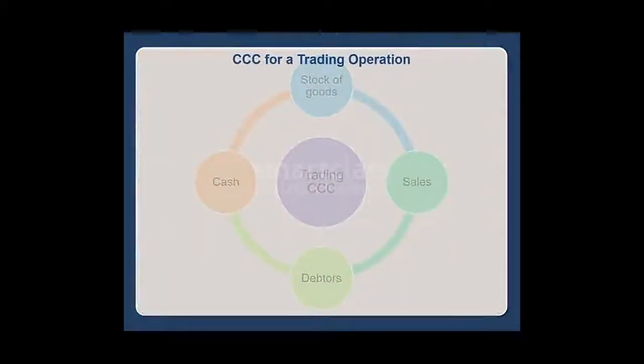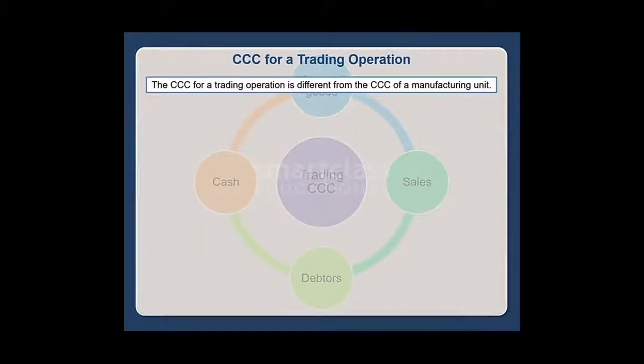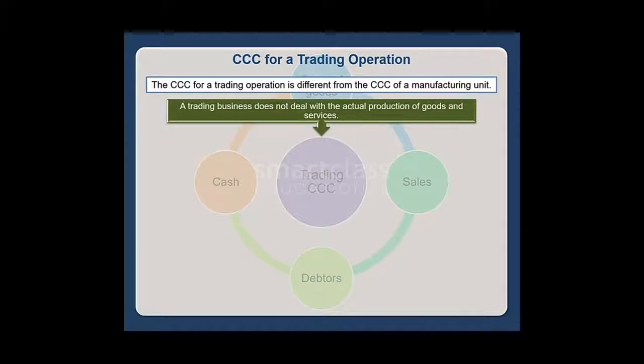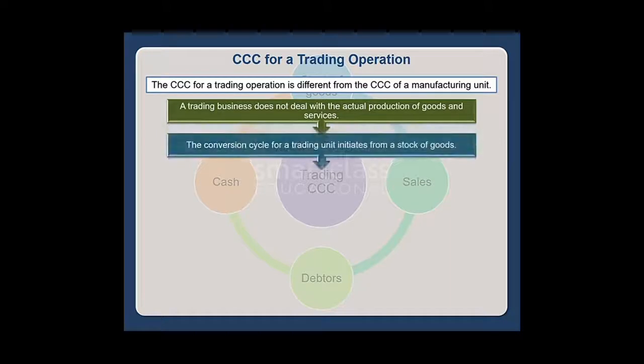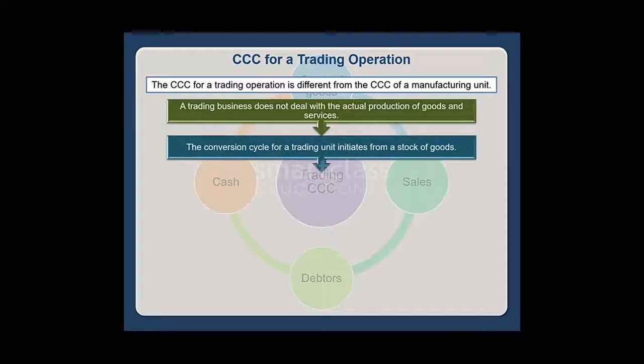CCC for a trading operation. The CCC for a trading operation is different from the CCC of a manufacturing unit. Let us have a quick look at the CCC of a trading unit. A trading business does not deal with the actual production of goods and services. The conversion cycle for a trading unit initiates from a stock of goods.